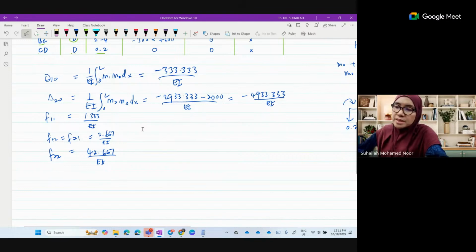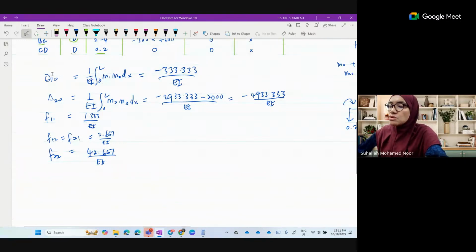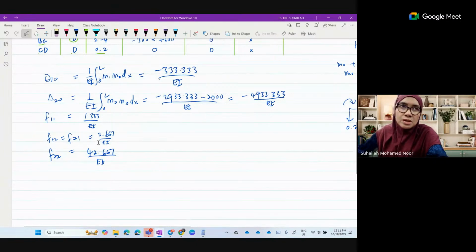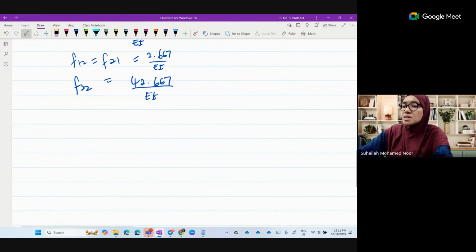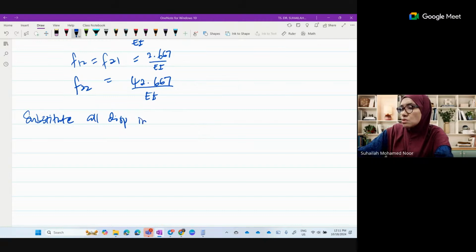All this displacement, okay, to be substituted into the compatibility equation, right? Okay, so now kita dah boleh write compatibility equation. So kita substitute all displacement into the compatibility equation.